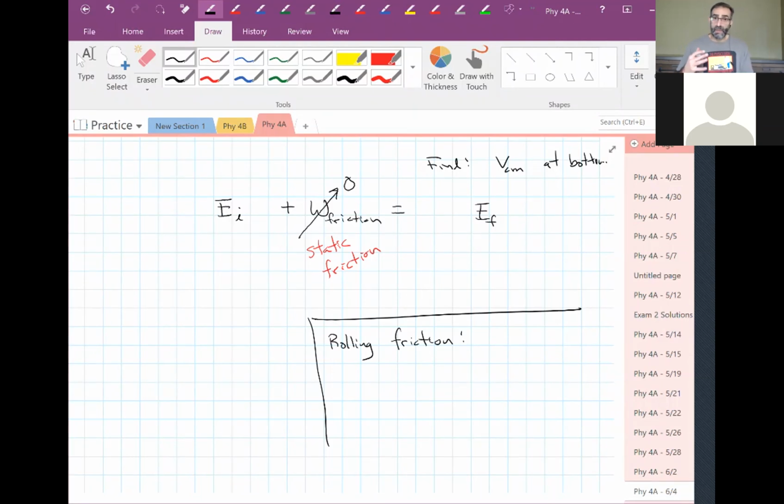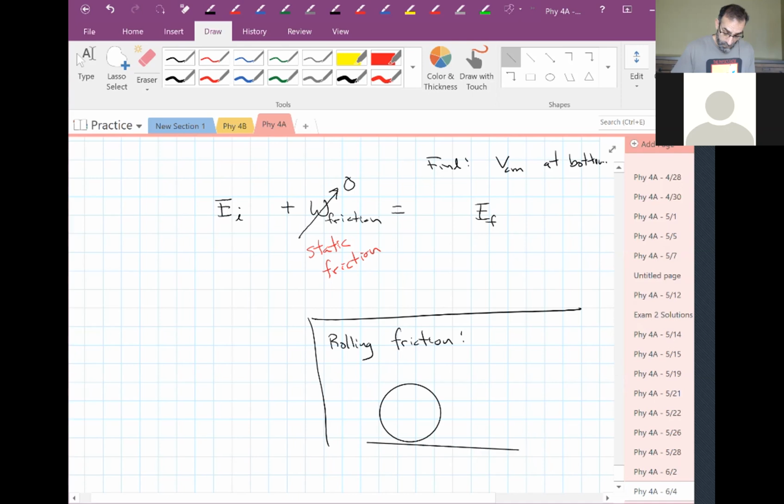So when a wheel rotates, there's a wheel, there's the ground. When that wheel rotates, a real world wheel deforms a little bit as it rotates. There's some deformation that happens right here. The rubber that makes up the tire gets squished a little bit, right?